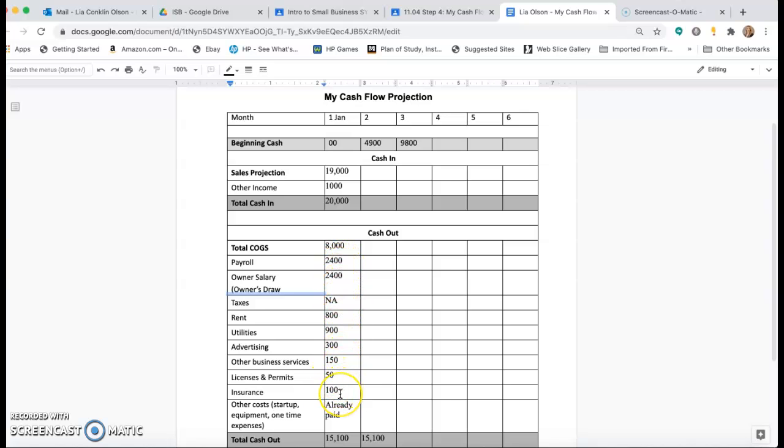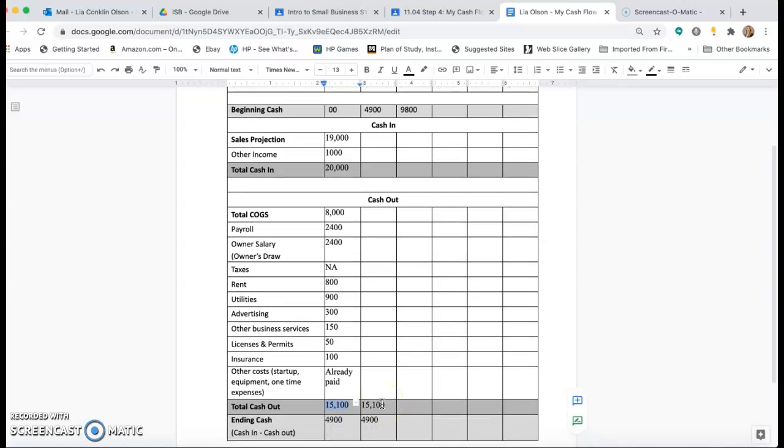These are my fixed costs that don't change much. COGS might change month to month as my inventory changes. Okay, I already paid my startup costs before I started working on my cash flow projection, so I'm not going to include that here. This is what I end up as a total for my cash out.